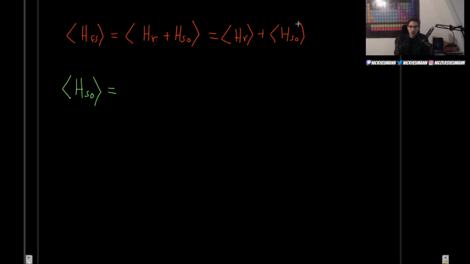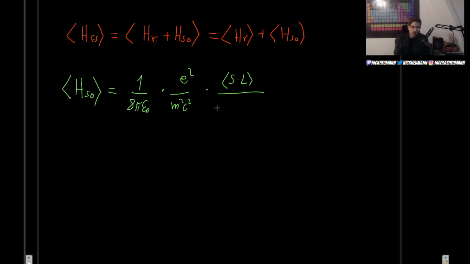Now, what was this Hamiltonian? Well, this Hamiltonian was 1 over 8 pi epsilon 0 times e squared over m squared c squared times S dot L. So we have to take the expectation value of that. And then we have the expectation value of 1 over r cubed, rather.